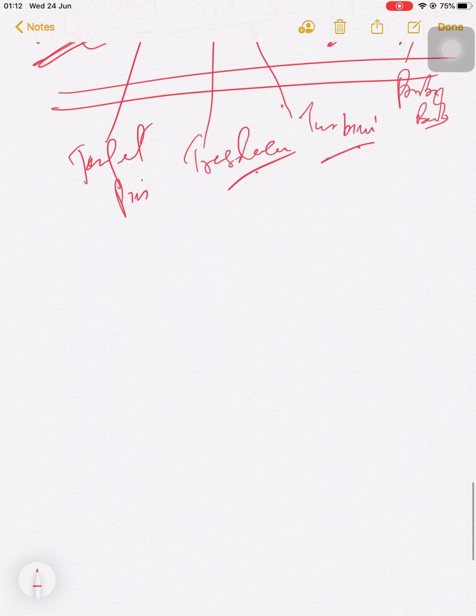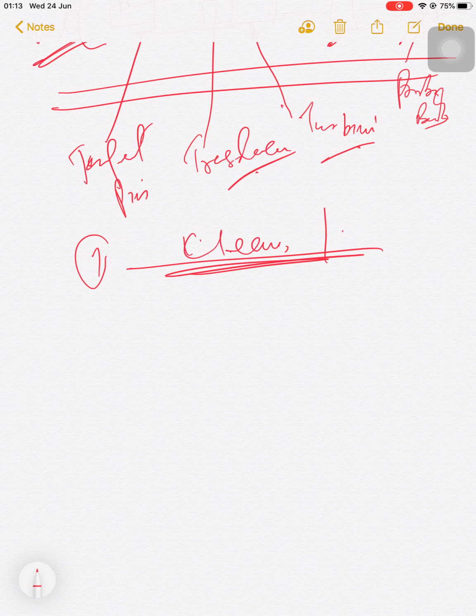So how does it work? Before the test, the tube needs to be cleaned inside, then it must be flooded with water. So first clean, and then flood with water. The IRIS probe is then inserted in the tube.